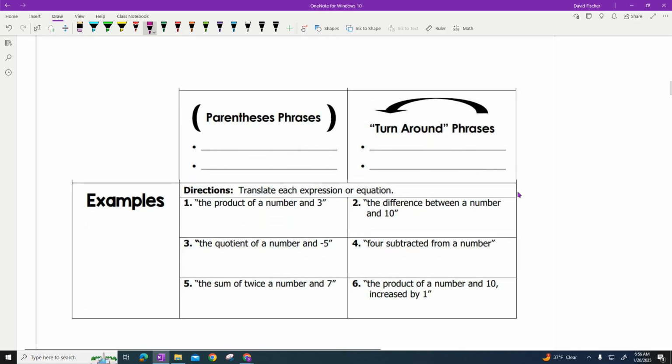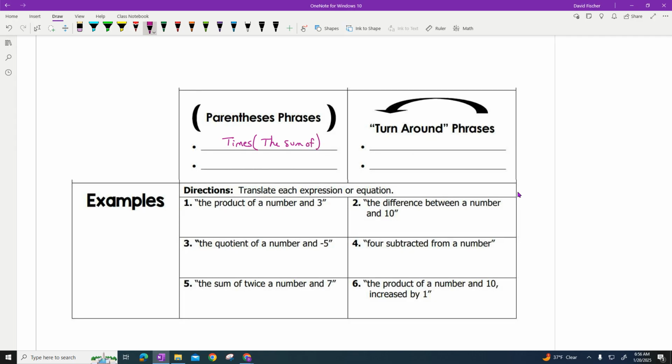Now, anytime I see parentheses, and we've done this before, I'm going to say times, and then it might say the quantity or the sum of something. It might say something like this. Times, I'll put an S there, the sum of, so that means sum means add.